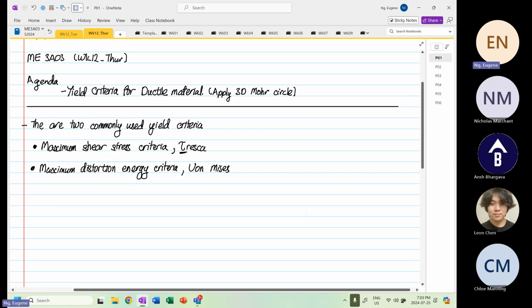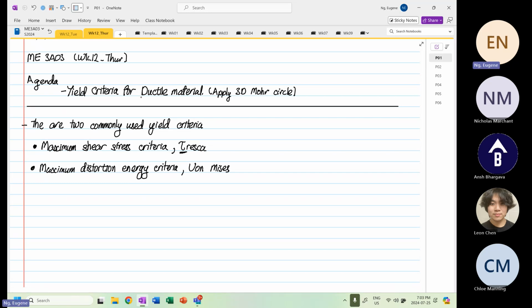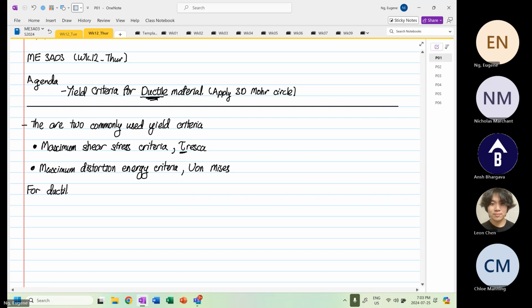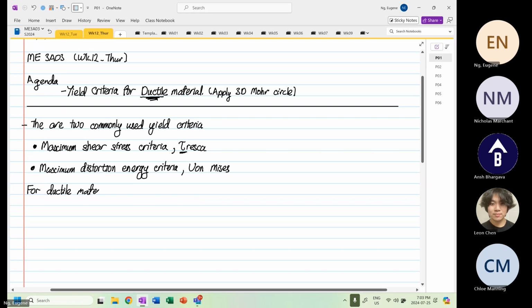And what do we mean by ductile material? Okay, so for ductile material, the stress yield is a lot smaller than the stress ultimate strength.